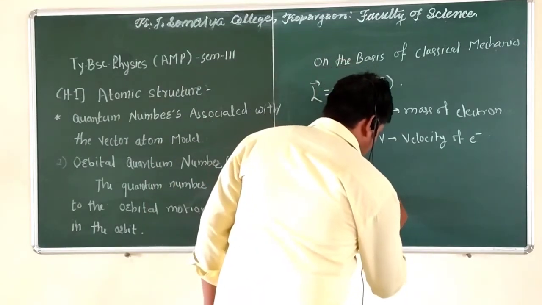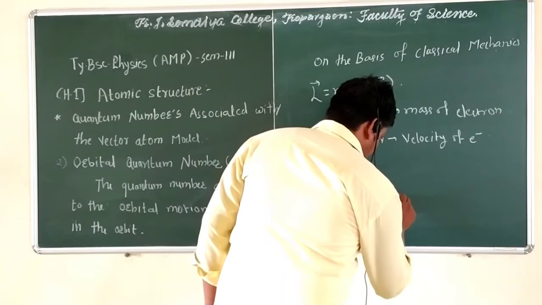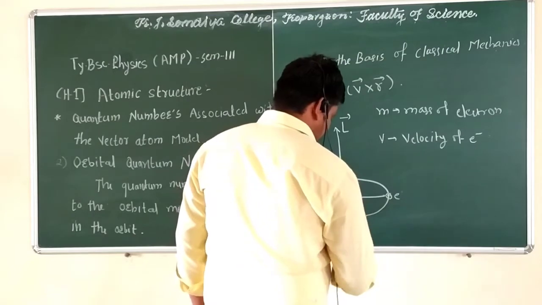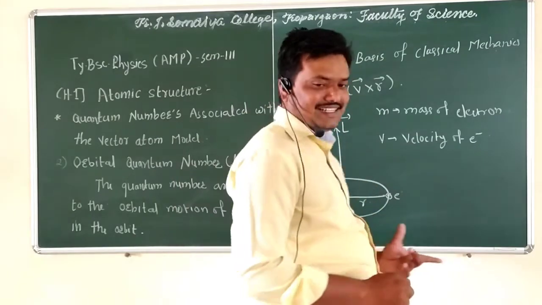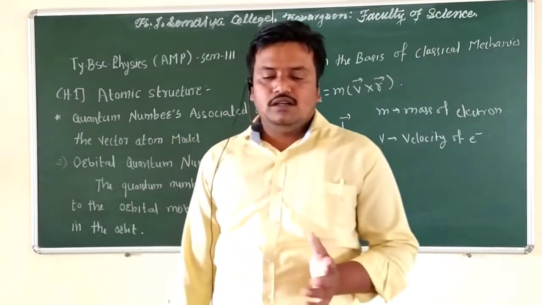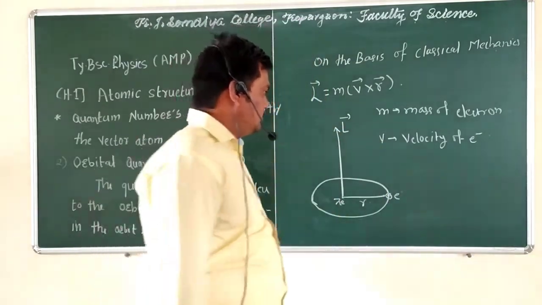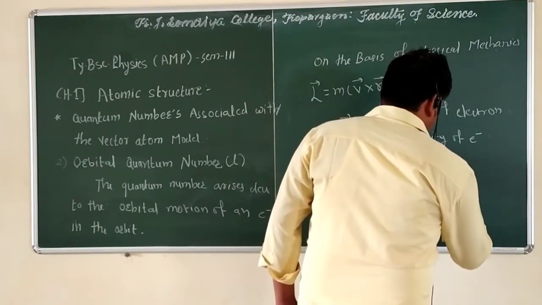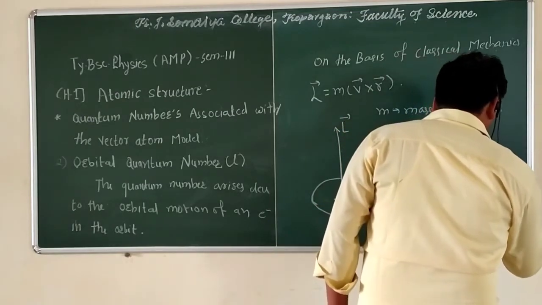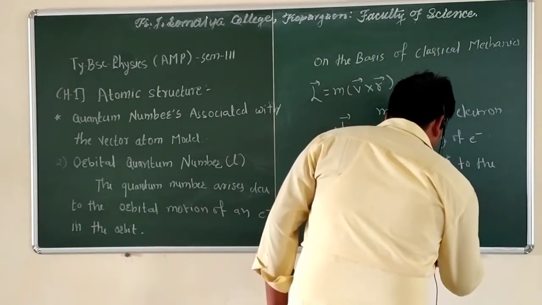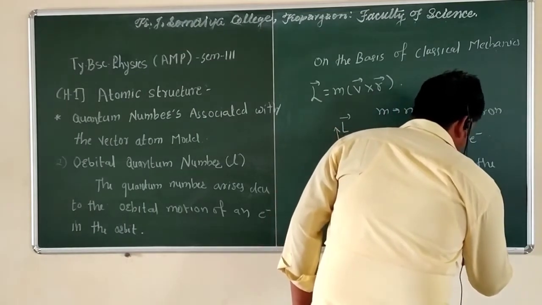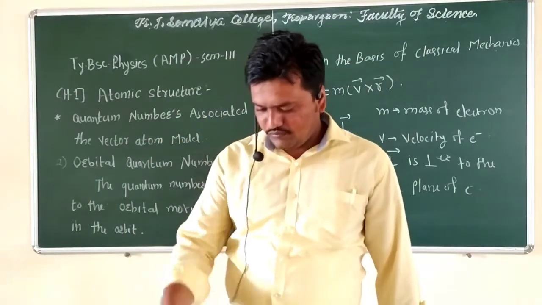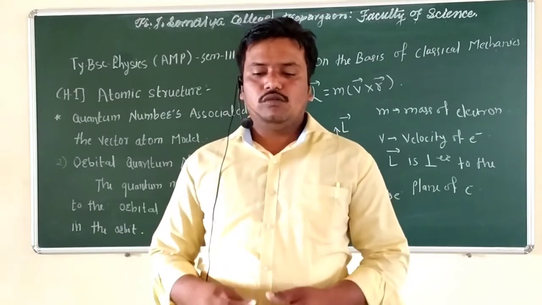Here the electron is there, this is the positively charged atom, the nucleus, and this is the radius of the orbit, that is r, and this is the plane of the electron. So L bar is perpendicular to the plane of the electron orbit.